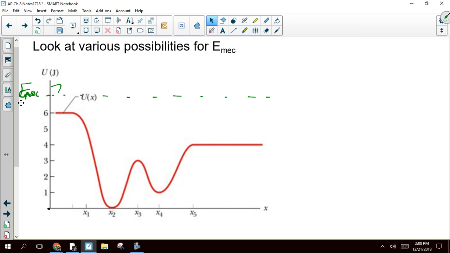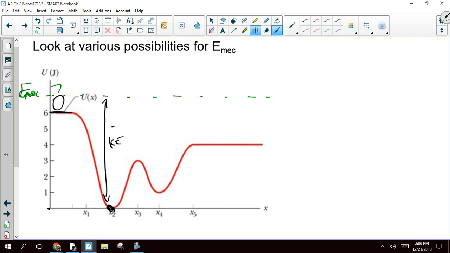What that means is, if the mechanical energy is 7 and the potential energy is 6, my kinetic energy is the missing 1. Down here, since the potential energy is 0, my kinetic energy would be 7 joules. Here, at this point, my GPE is 3. That means my KE must be 4.